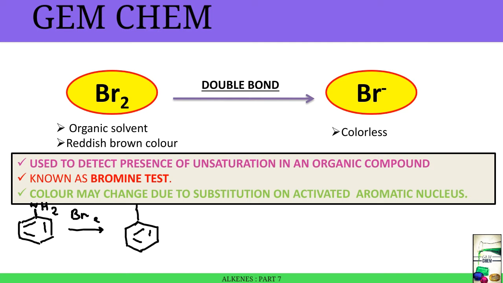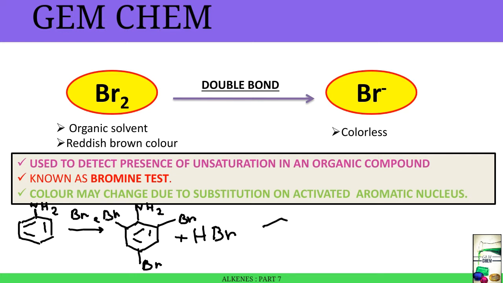That is, this is NH2. Here is a substitution with bromine, giving HBr. So here the color changes to colorless, and we cannot judge whether it is due to the unsaturation or due to the substitution.